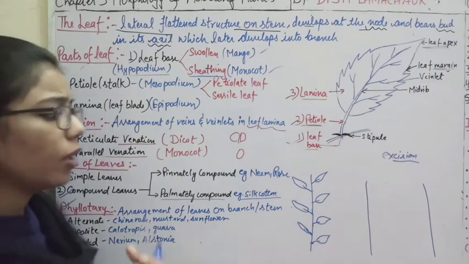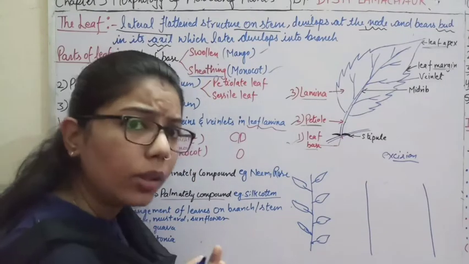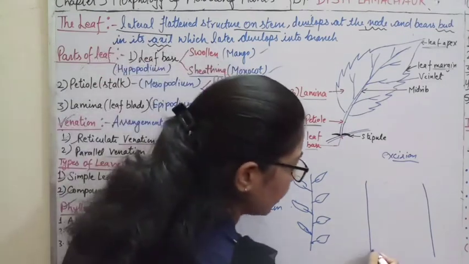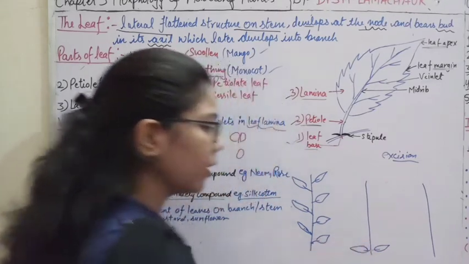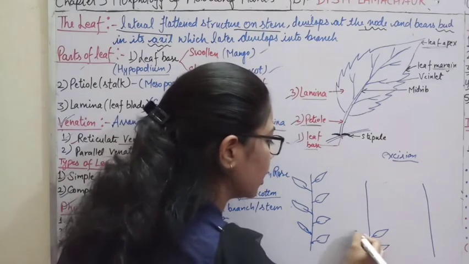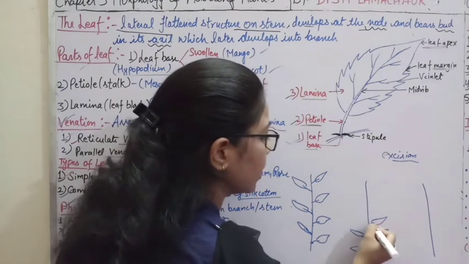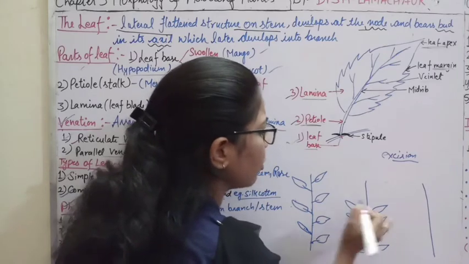Now another one is opposite. Opposite means that they are not alternate with each other. For example, if one leaf is present here, then another leaf will be present opposite to it. Then another pair, and another pair. So what are you observing in this type of arrangement?